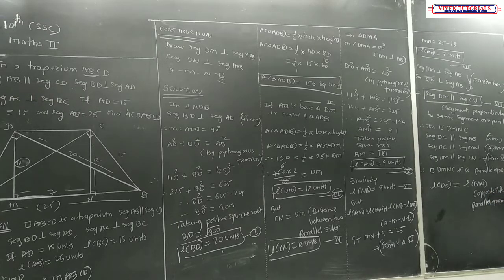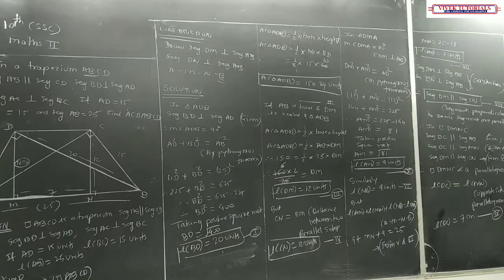But if you are writing opposite sides of parallelogram, it's okay. But you write opposite sides of parallelogram are congruent. So we got DC is equal to 7 centimeter. That will be equation number 8.